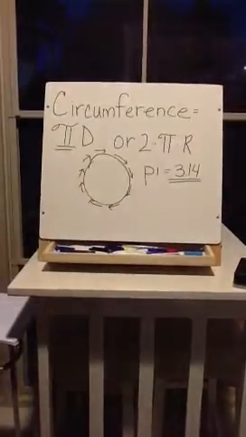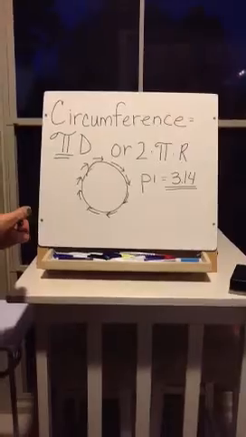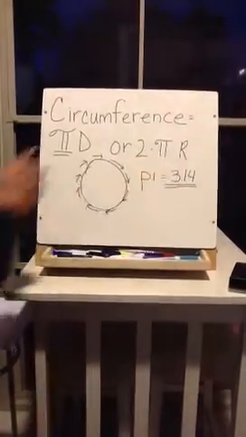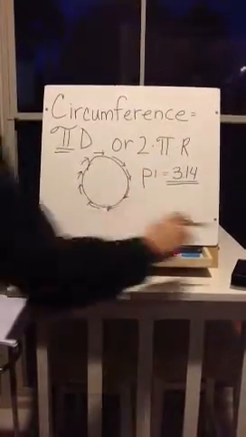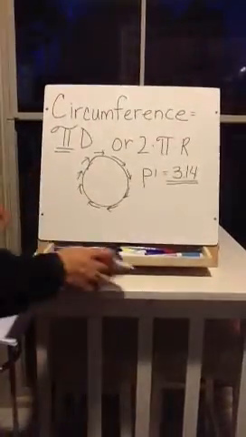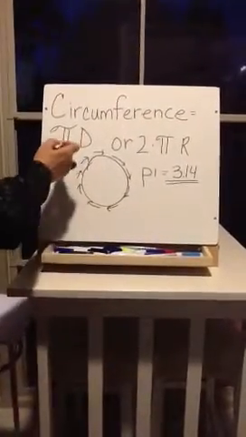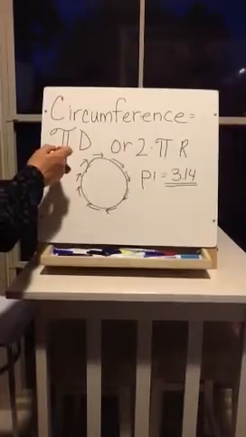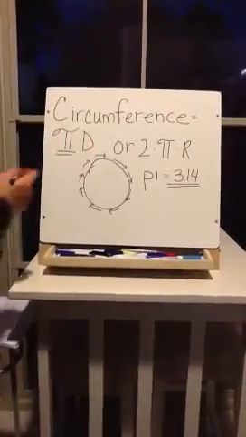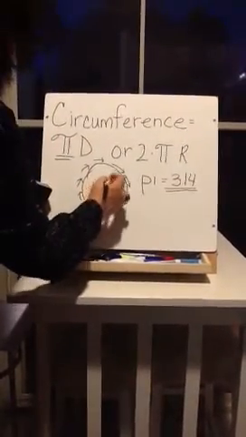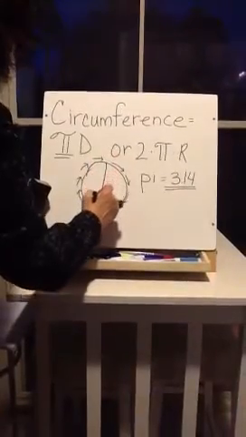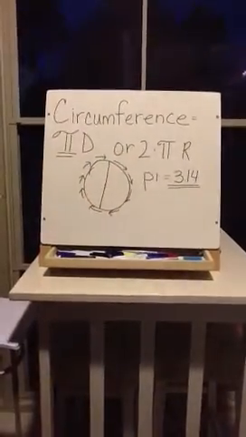So when we do the circumference of a circle, we must always have 3.14. That is standard. So in order to find the circumference of a circle, we need to do pi times the diameter. And if you watched the video before, we know the diameter runs straight down the middle.